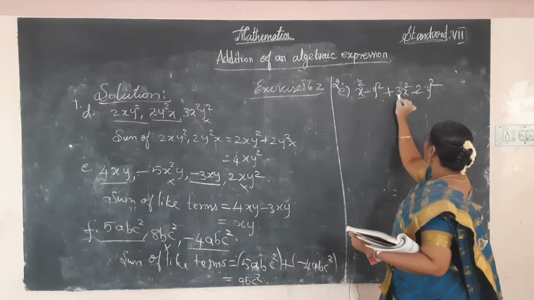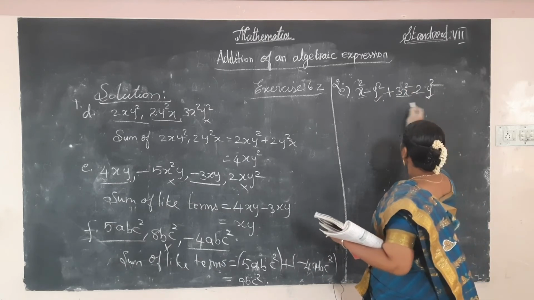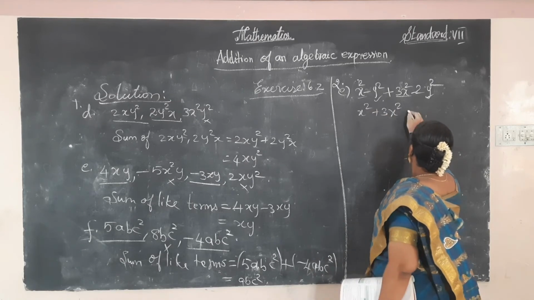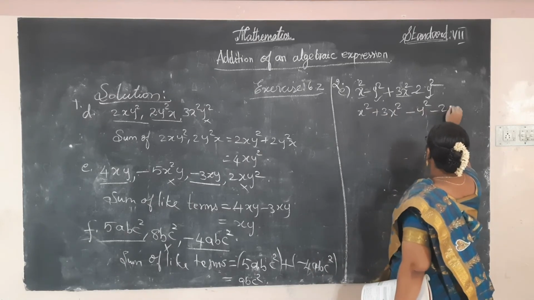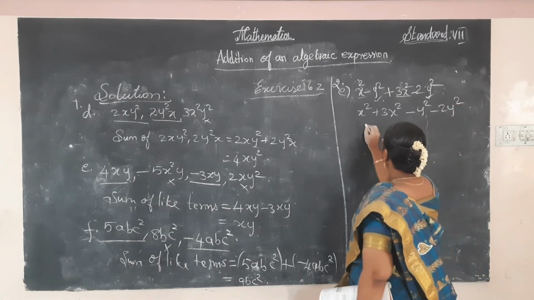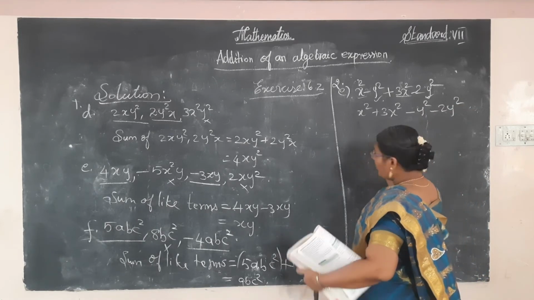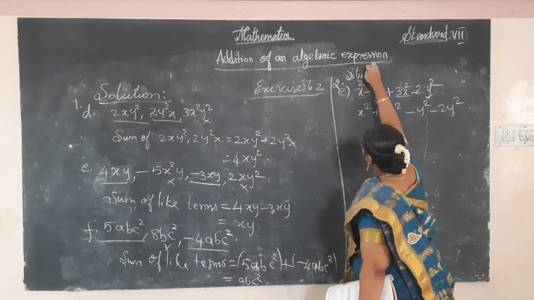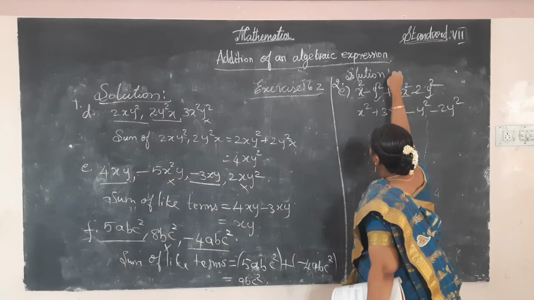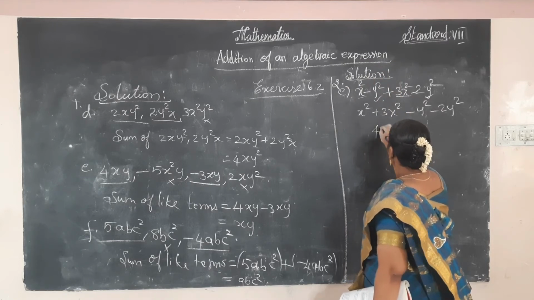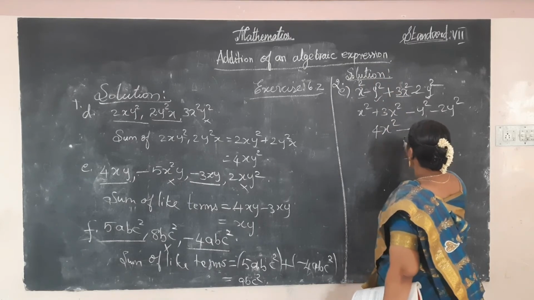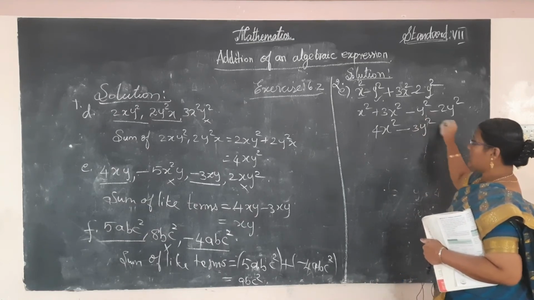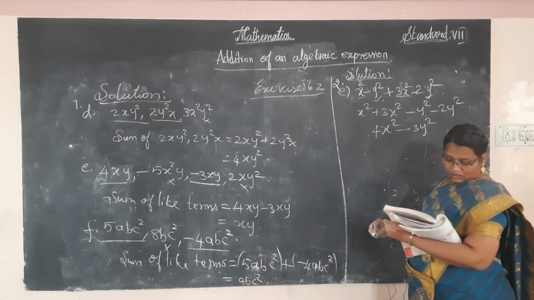Arrange the like terms: x squared plus 3x squared minus y squared minus 2y squared. Simplify these values. So 4x squared, these are the same sign, add and put the same sign. So minus 3y squared, that's it.